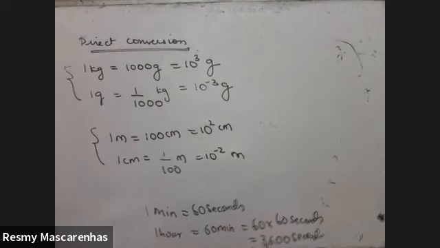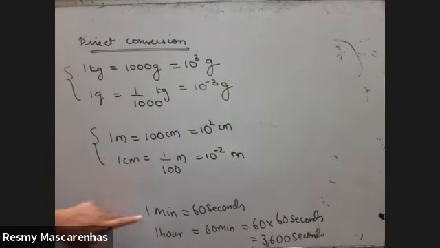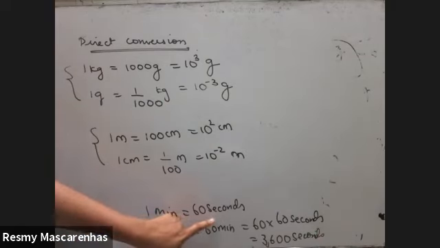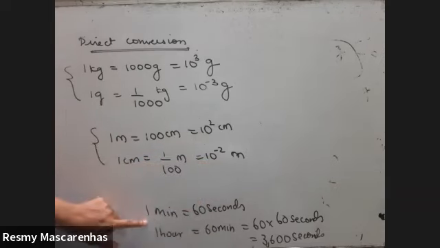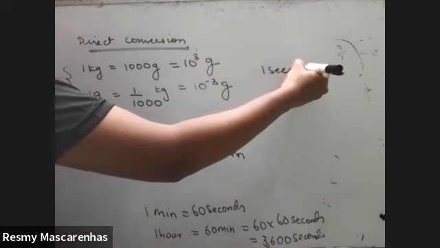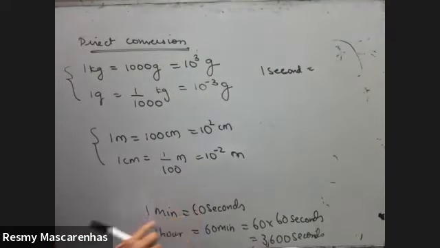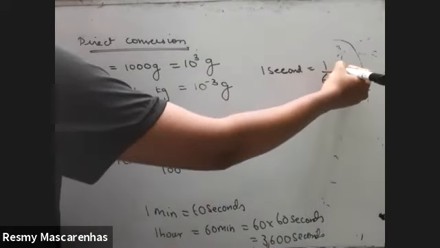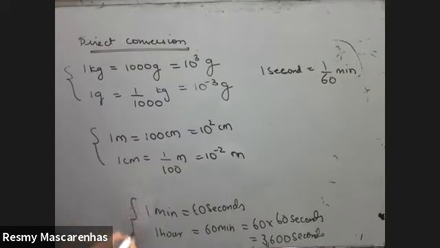So looking at that logic, just see here, 1 minute is 60 seconds. So what will be 1 second? If I want 1 here, take the 60 this side. 1 second will be 1 of 60. That's how we have to do.